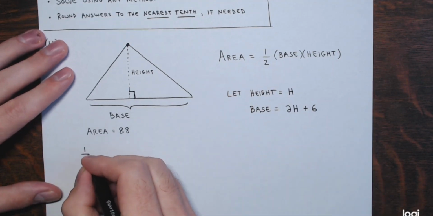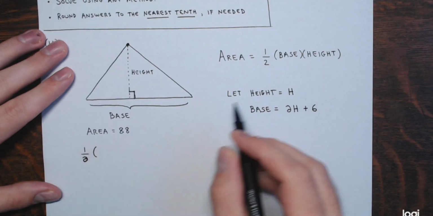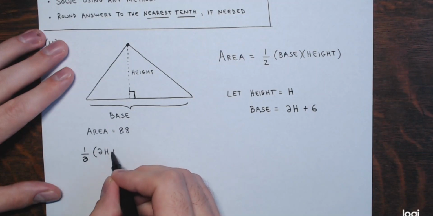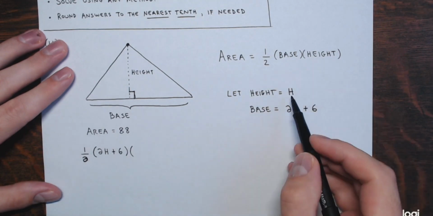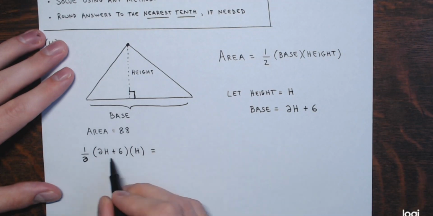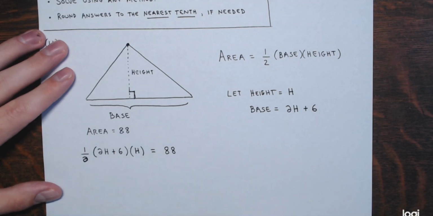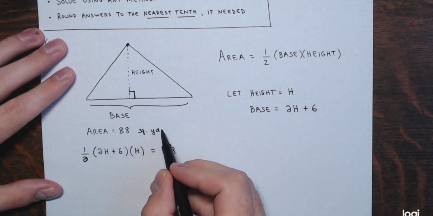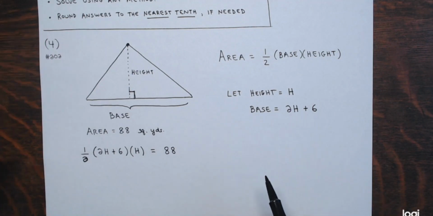So 1/2 times the base, which is this expression, 2h plus 6, times the height, which I called just h, equals 88 square yards. Maybe I should write square yards, like that. So that means my height has to be in yards and the base will be in yards as well when I'm done.